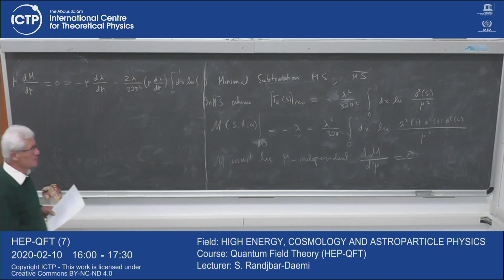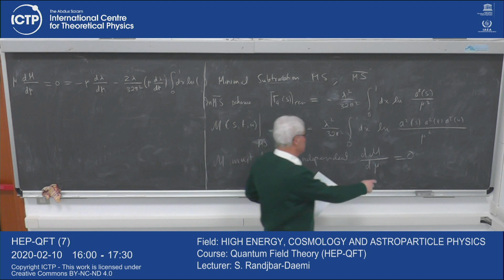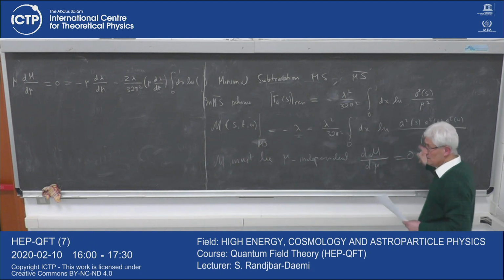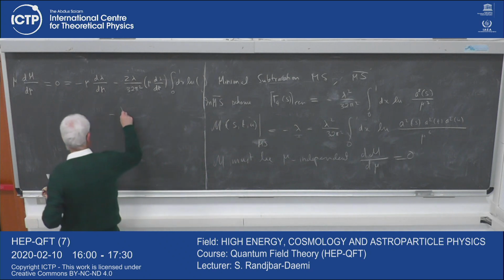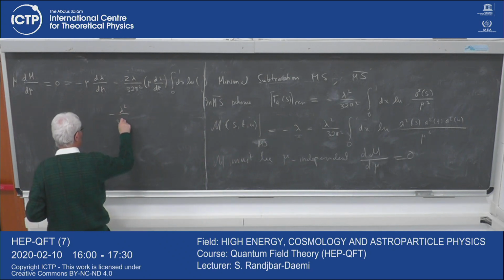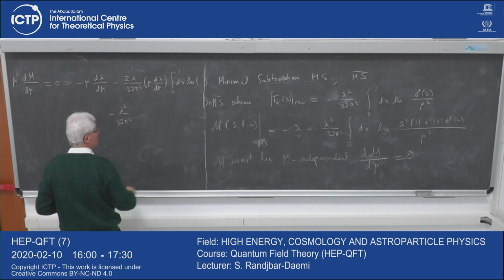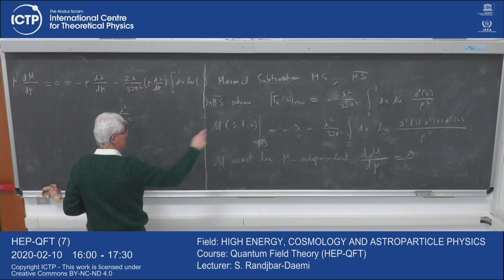And then there is the explicit mu dependence here. That term gives you, there is this minus lambda squared divided by 32 pi squared outside. It is minus logarithm of mu to the 6, and that will give you minus 2 times 3, that's 6.